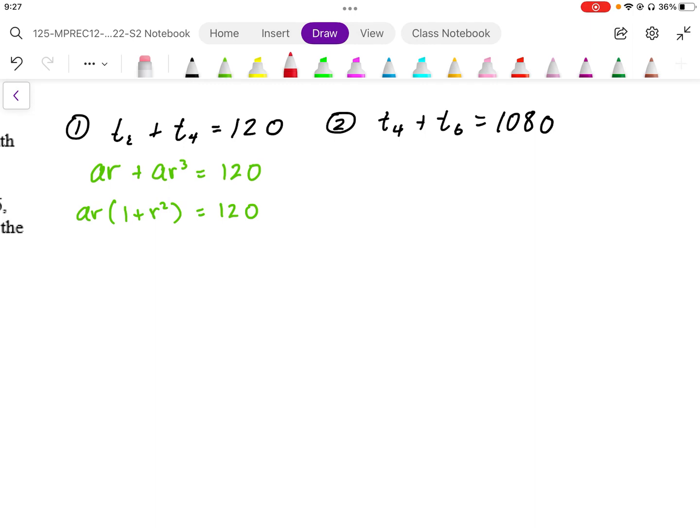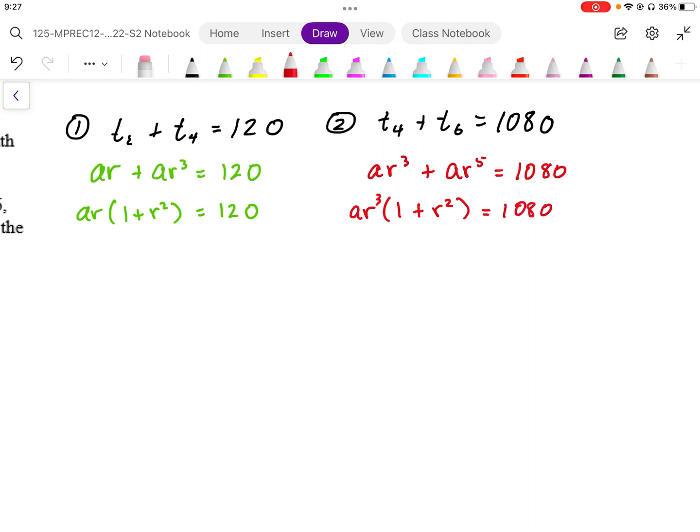And over here, we're going to do the same thing for T4, so AR cubed. T6 is going to be AR to the power 5, and it equals 1080. I'll do the same thing here, AR cubed this time. If I factor out the common factor, I'm going to be left with 1 plus R squared.